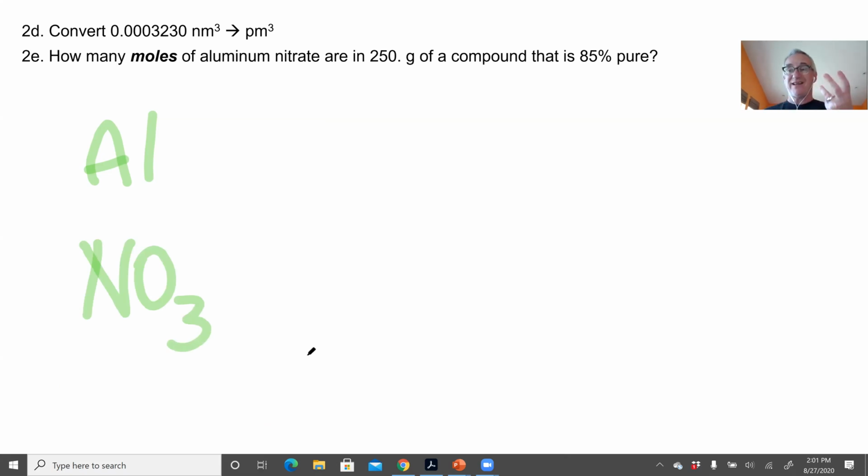Nitrate is what we call a polyatomic ion. It's not a single atom. It's a number of atoms that are bound together that together have a charge. So the whole thing, we treat this as one unit. That is one unit, and it has a charge of -1.